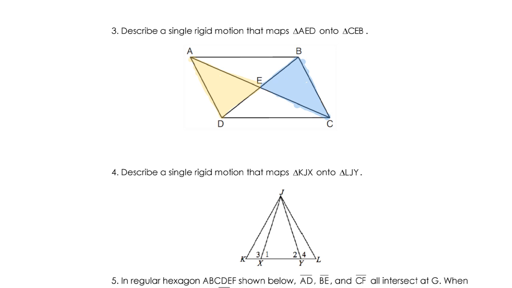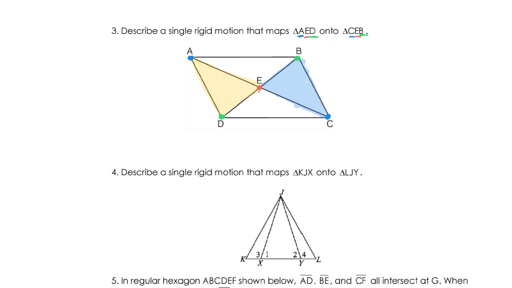All right, and we'll pay attention to the letters. We have to get A from the one triangle onto C. So A has to go onto C under our rigid motion. E has to stay at E. And D has to go to B.